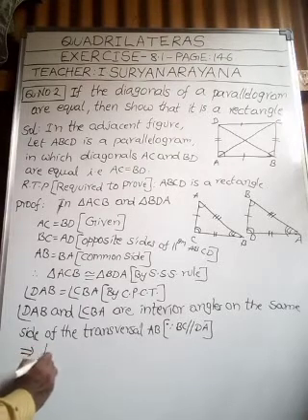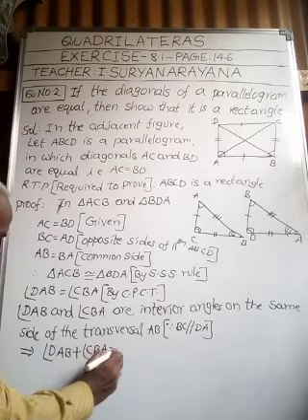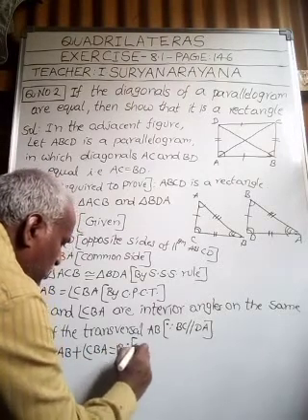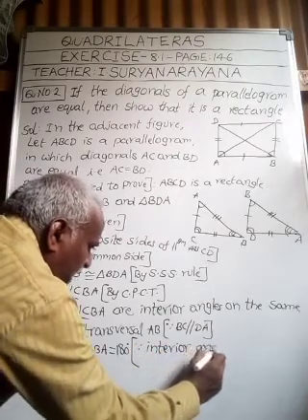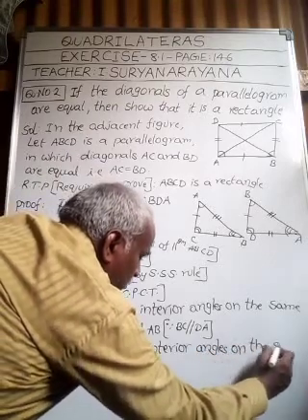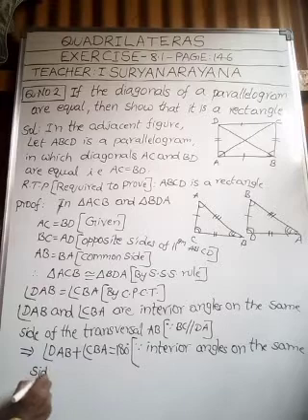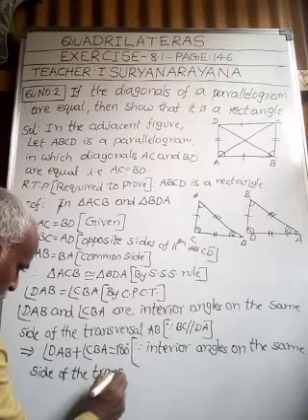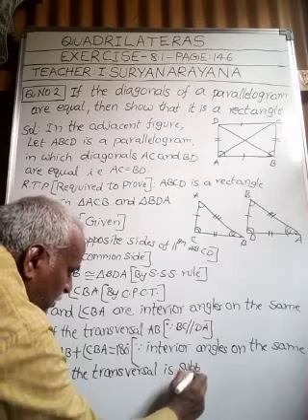This implies angle DAB plus angle CBA is equal to 180 degrees, because interior angles on the same side of the transversal are supplementary.